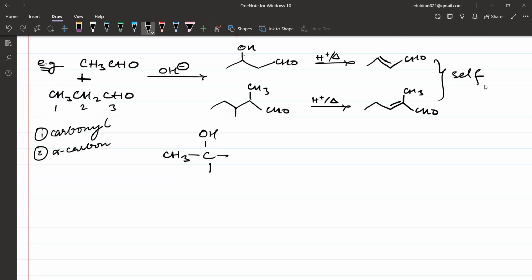This carbon atom, the carbonyl carbon, will attack on which carbon? 1, 2, or 3? 2. So I will write here what? Carbon. CH. No, this had 2 hydrogen. Now it will have how many hydrogens? 1.